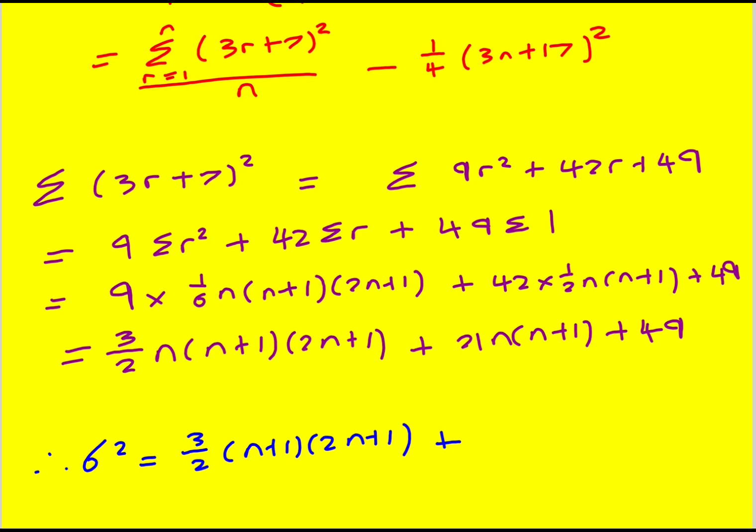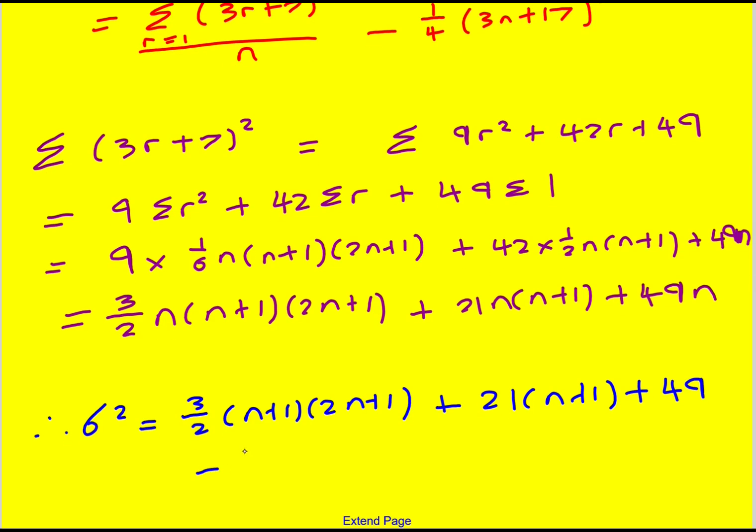I've just realized the last bit, oh, I made a mistake. When I did the summation, I just completely forgot about the n. Quickly noticed that. So there should be an n there. Okay, yeah, and I'm all right. So then it's plus 21 n plus 1 plus 49. And then, remember, I'm minusing a quarter 3n plus 17 all squared. Okay, and that's as far as I'm going to take any kind of simplifying.